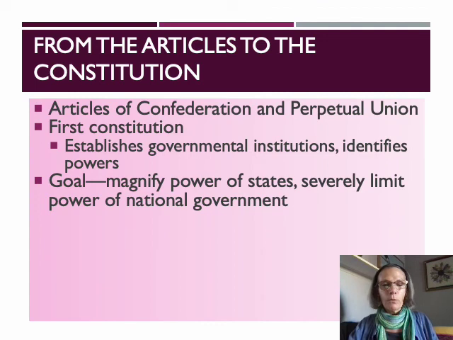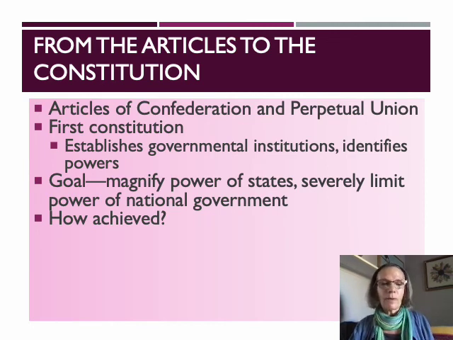And they were really wary of power being centralized in the hands of any one entity, whether that be the King of England or whether that be a new national government. And so the Articles of Confederation wanted to make sure that the vast majority of power was given to the states and that there were very few powers that the national government had.